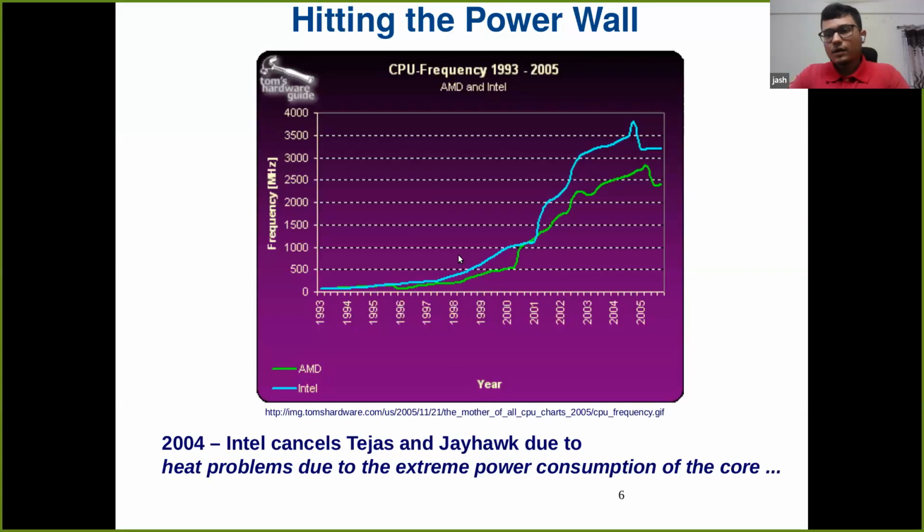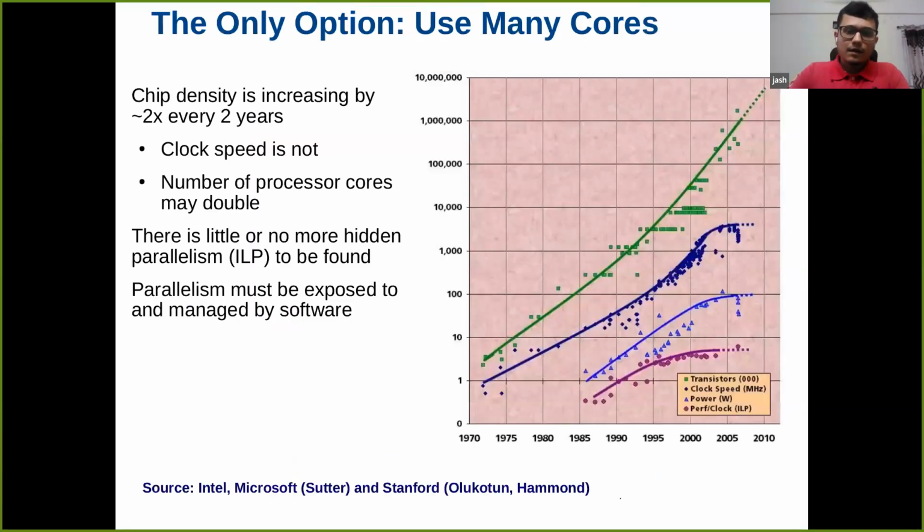So we hit the power wall. But now, what is the solution to this? As I said, during this era, the early 2000s, the number of transistors that we can place in the IC were still increasing. You can see this straight line.